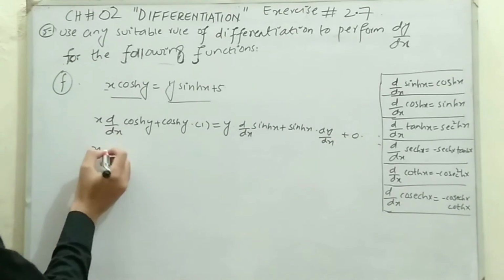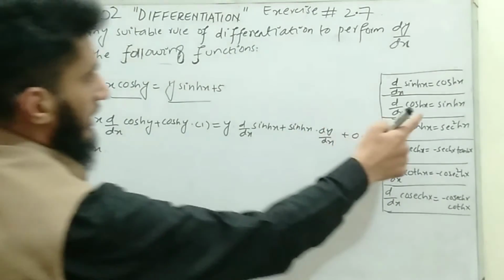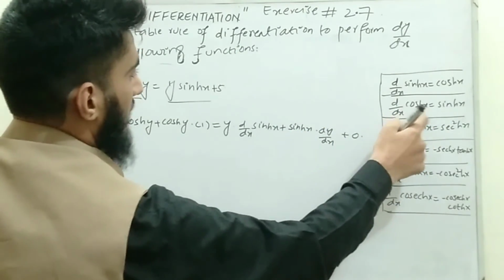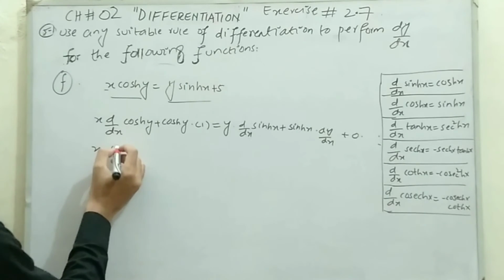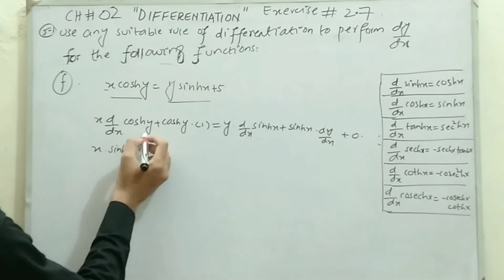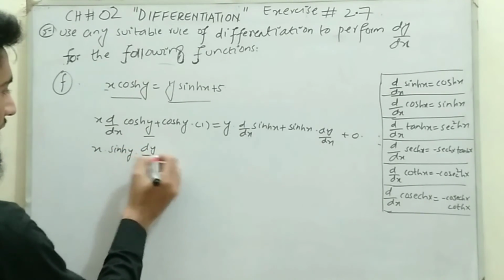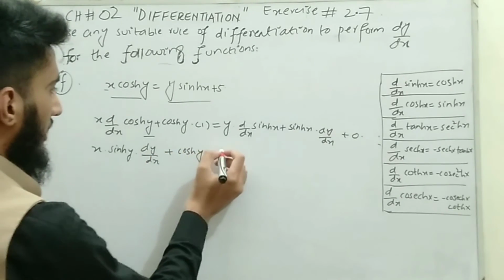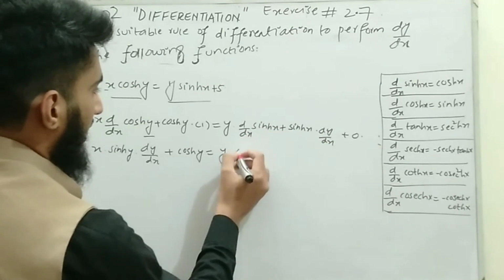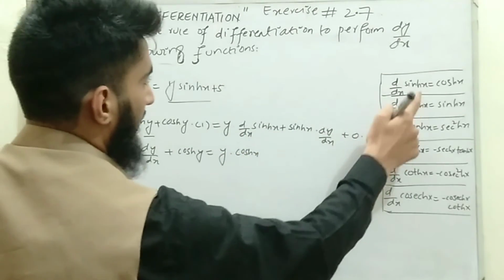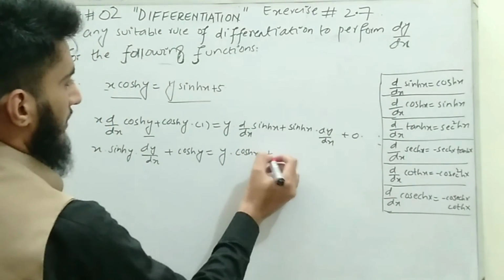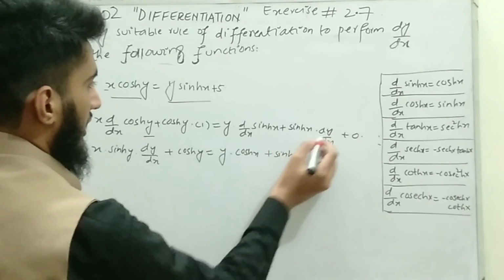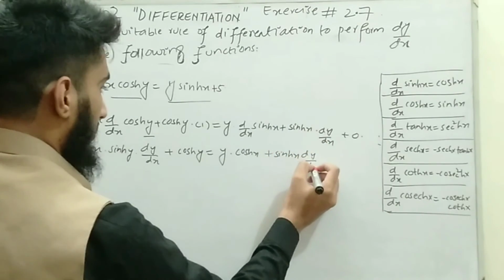So it becomes x times derivative of cosh y, which is sinh y, and the derivative of the inner function y is dy by dx, plus cosh y, equal to y times derivative of sinh x, which is cosh x, plus sinh x dy by dx.